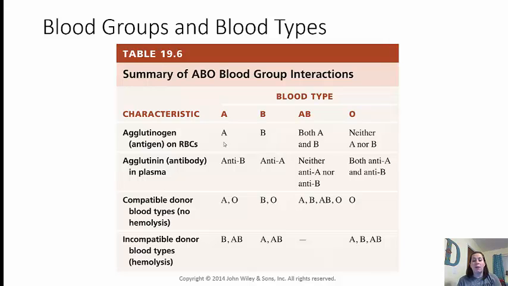They cannot, however, get B blood or AB blood. So this is a very helpful chart in you being able to see what antigens are present on each blood cell, what antibodies they may contain within the plasma or the liquid of the blood, who they can receive blood from, and who they cannot receive blood from.